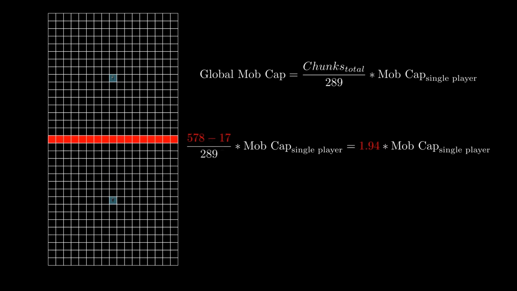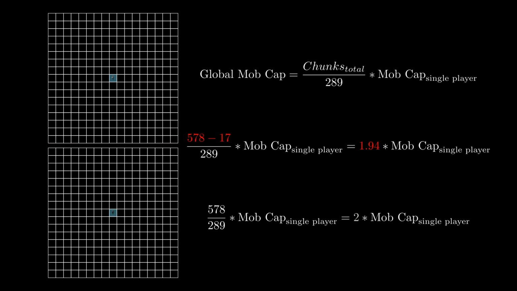The detail here is that chunks are only counted once during this calculation, even if they're within the range of 2 players. So if 2 players are close enough to each other that their 17 by 17 chunk areas are overlapping, then the overlapping chunks will result in a lower global mob cap. But players who are in the same dimension but far away from each other will essentially add their independent mob caps to each other for the global mob cap.